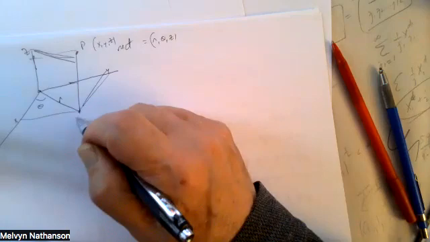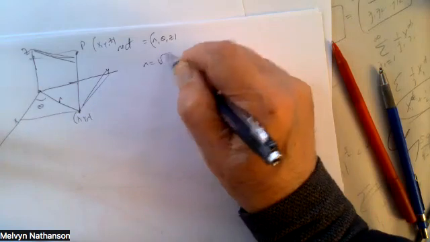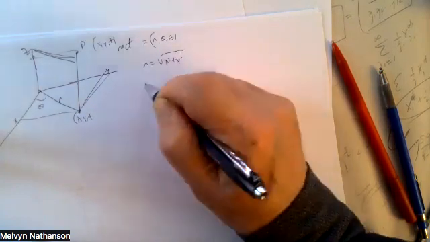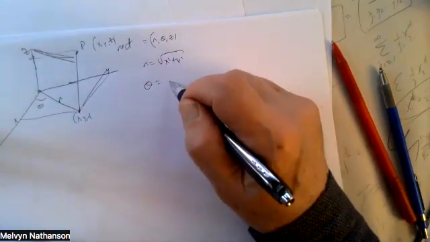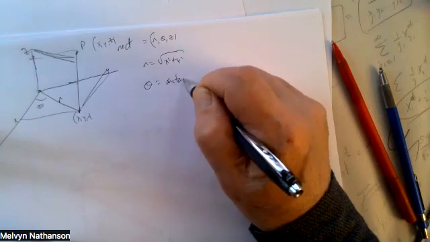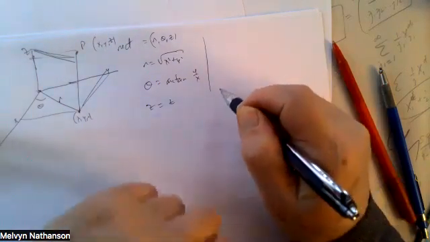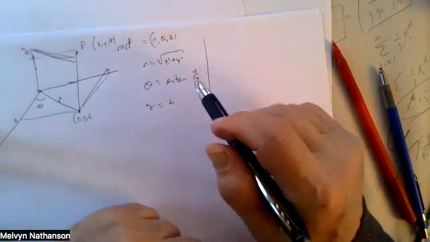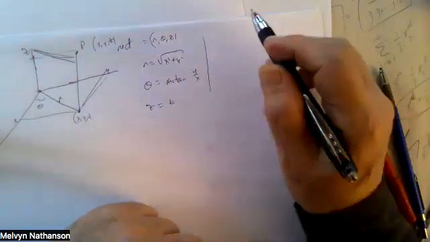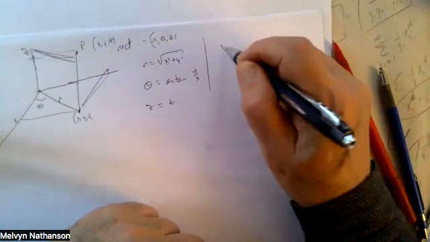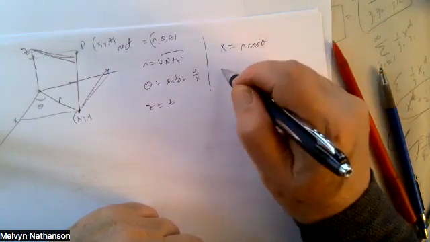And the relationship is what? So this is the point X, Y, 0. So R is the square root of X squared plus Y squared. And theta is the arctangent, or the inverse tangent, of Y over X. And Z equals Z. And if you want to go in the opposite direction, if you know R, theta, and Z, then X is equal to R cosine theta.